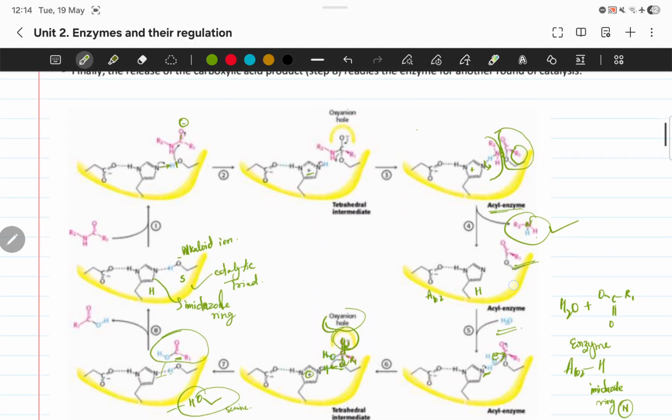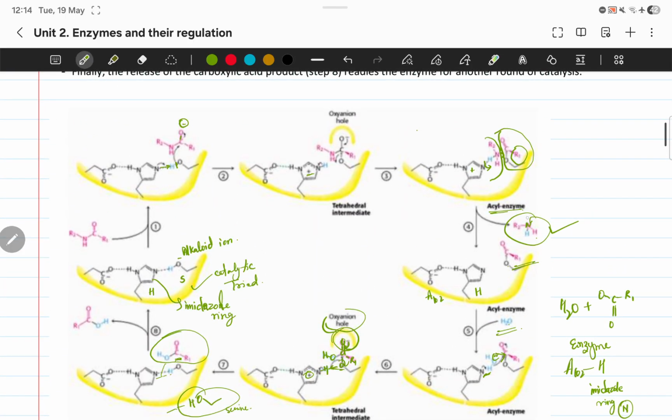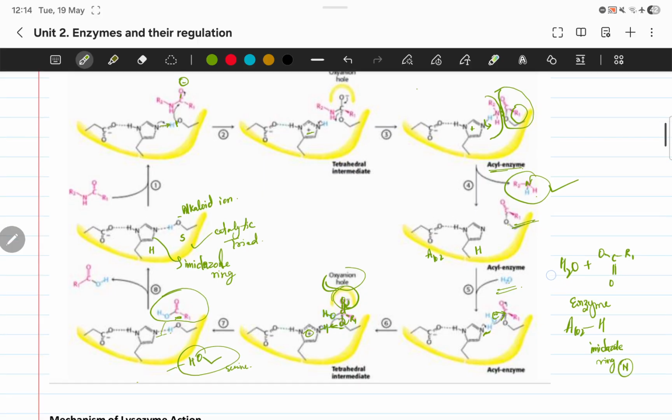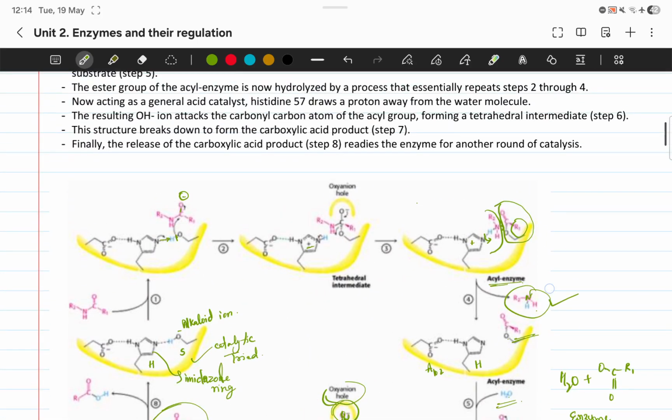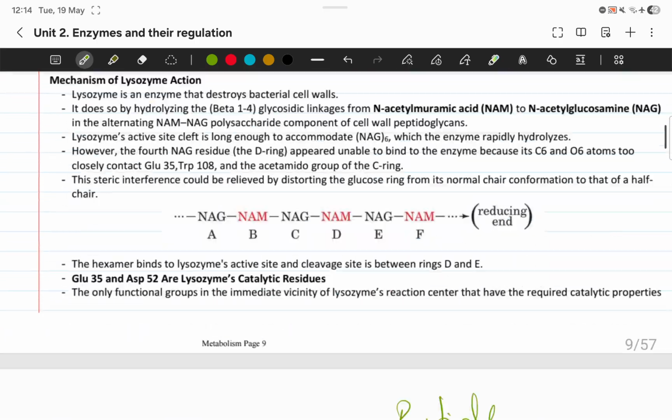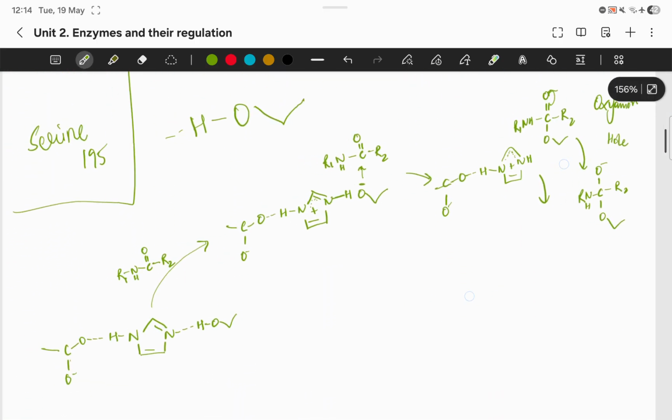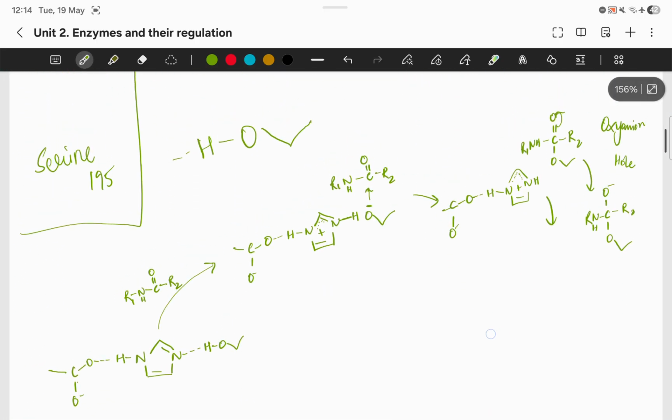Okay, so now what is happening? Separation. Okay, after the oxyanion hole is made, we'll see again the activity of our dear enzyme.